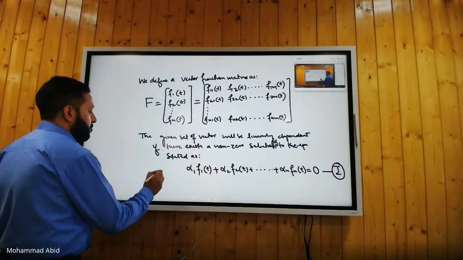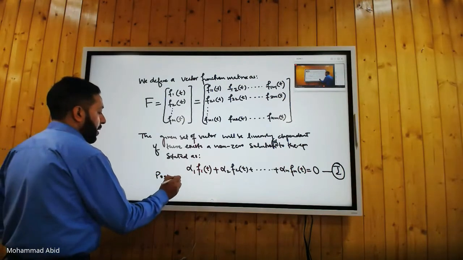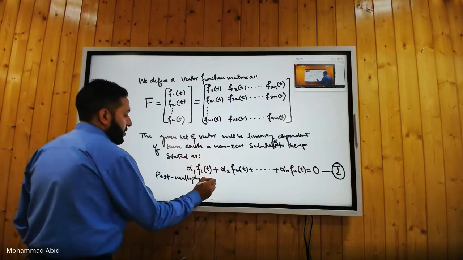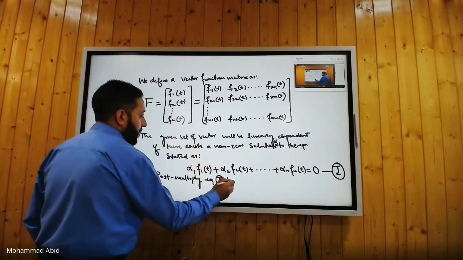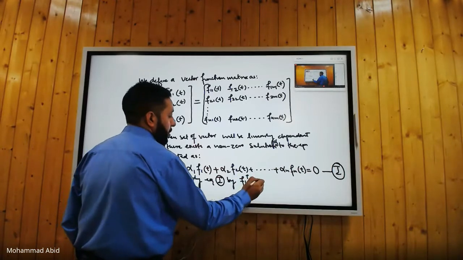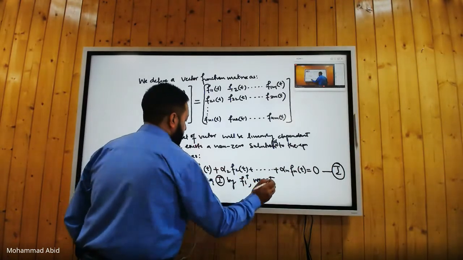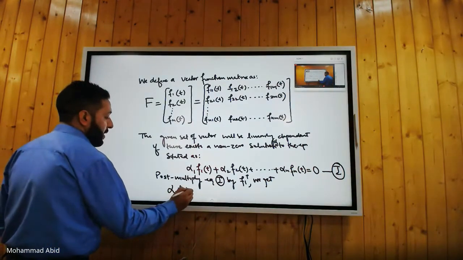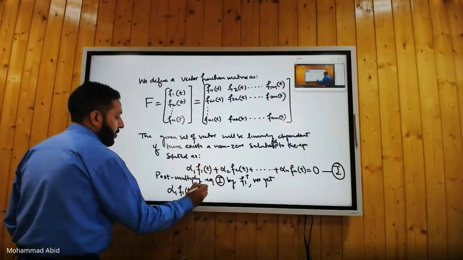I post multiply equation 1 by F1 transpose. So what do we get? I get alpha 1 F1(t) F1 transpose(t).